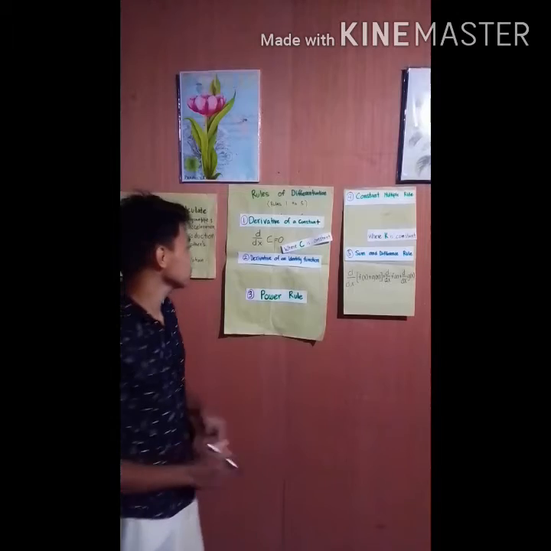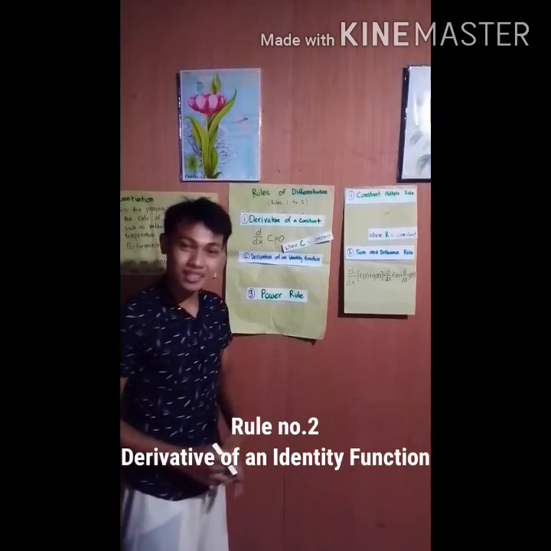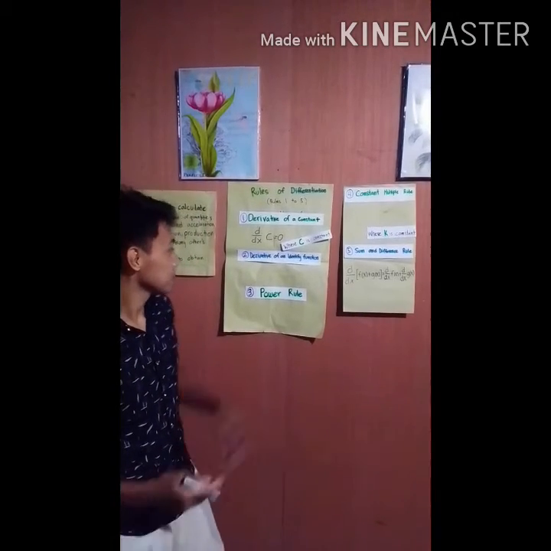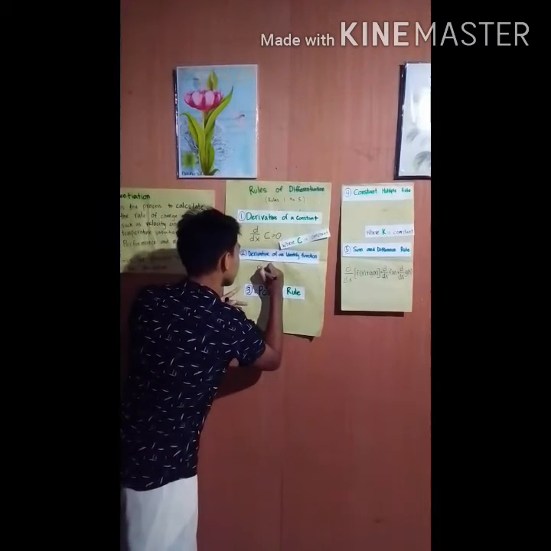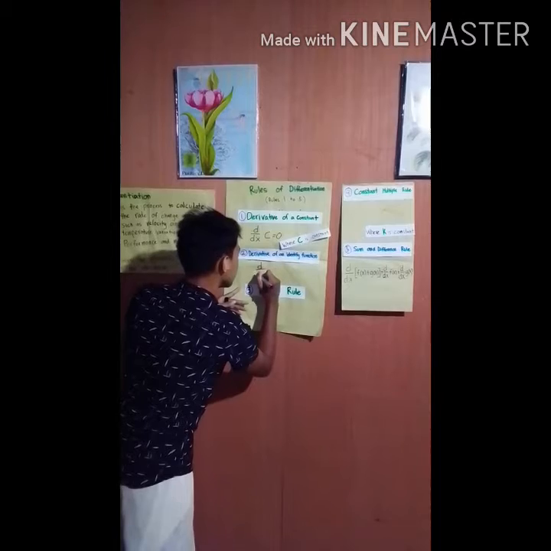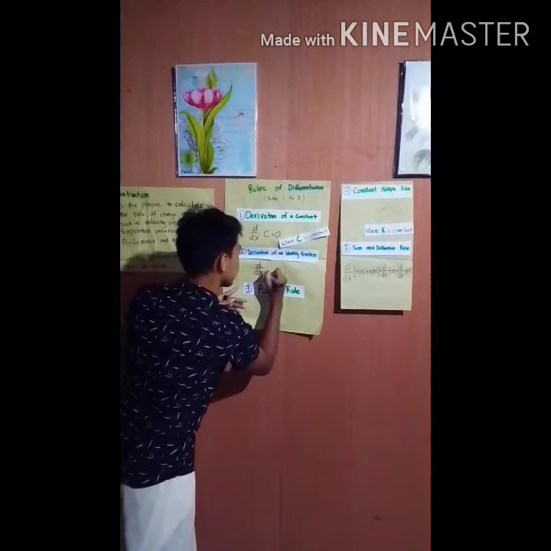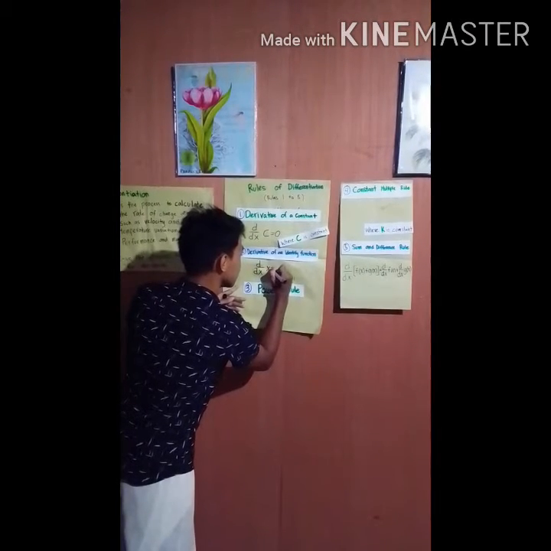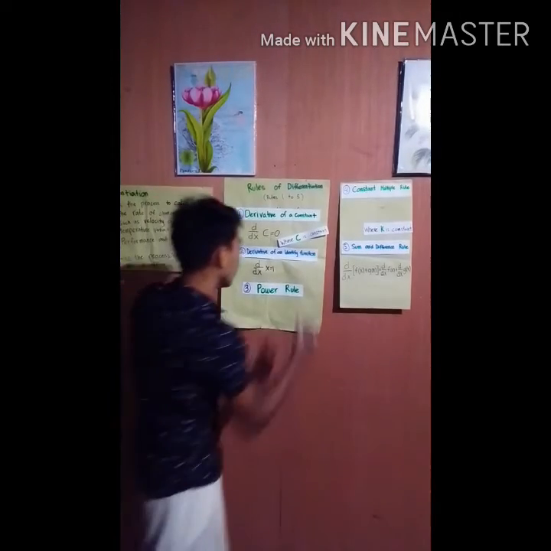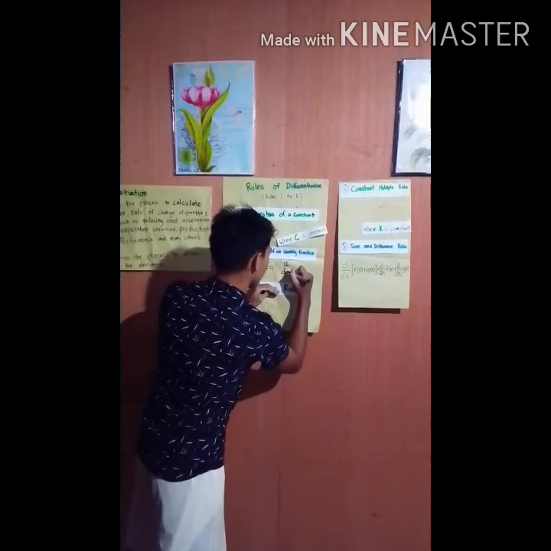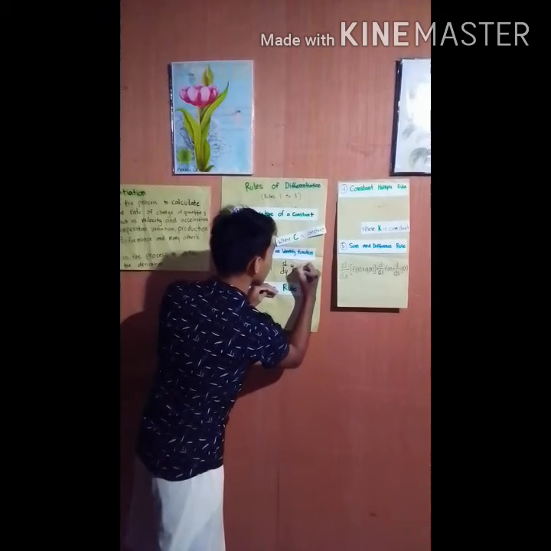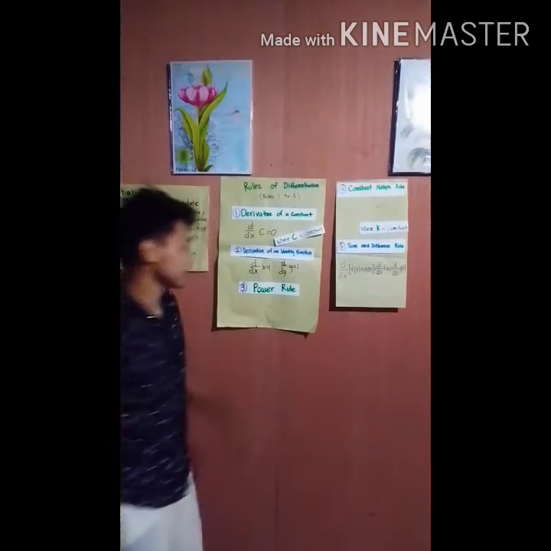For rule number 2, the derivative of an identity function, the formula is d over dx of x is equal to 1, or d over dy of y is equal to 1.